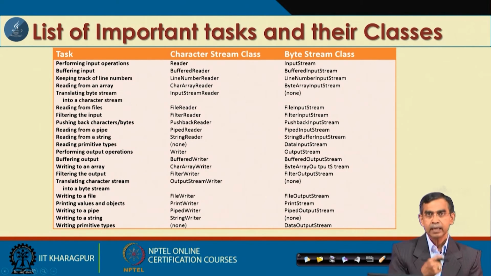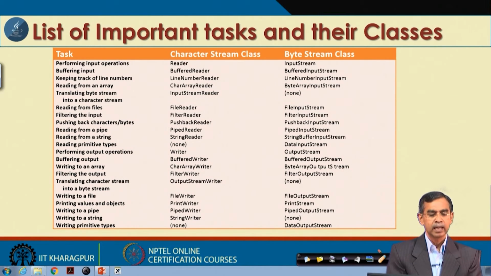Now, here is a quick summary of the different methods we have mentioned, just for information, as the details are really very difficult to discuss. As we see here, if we want to accomplish a particular task, we can consider either character stream classes or byte stream classes.